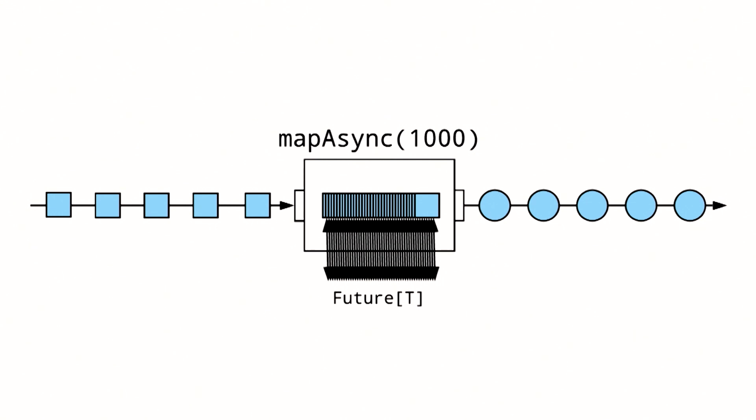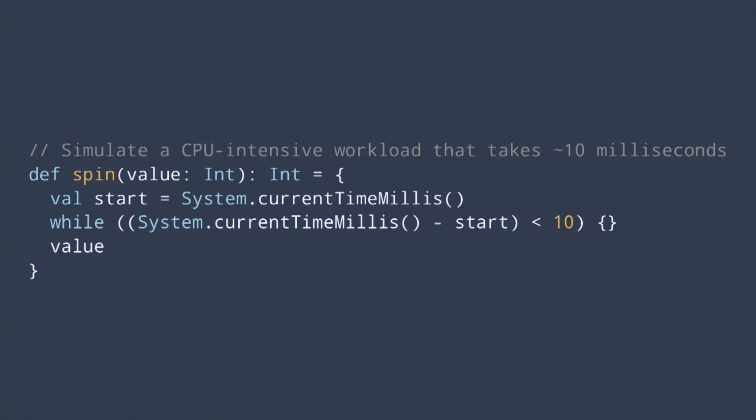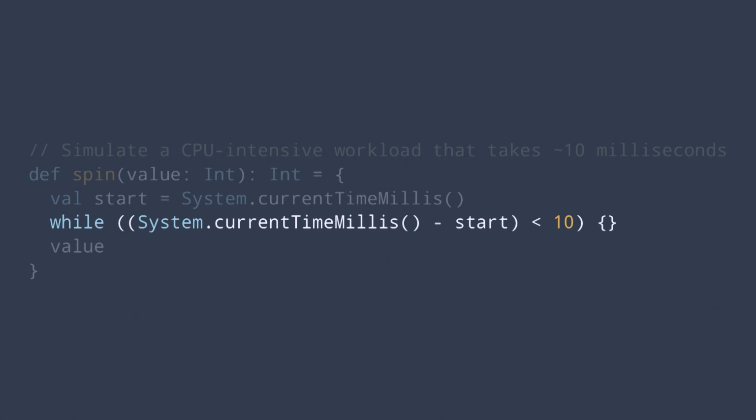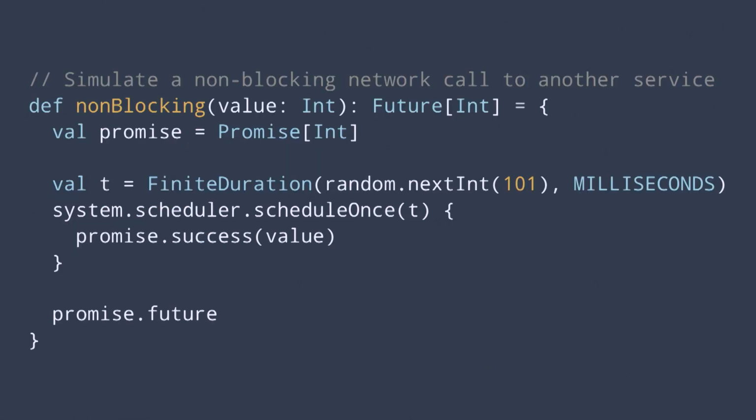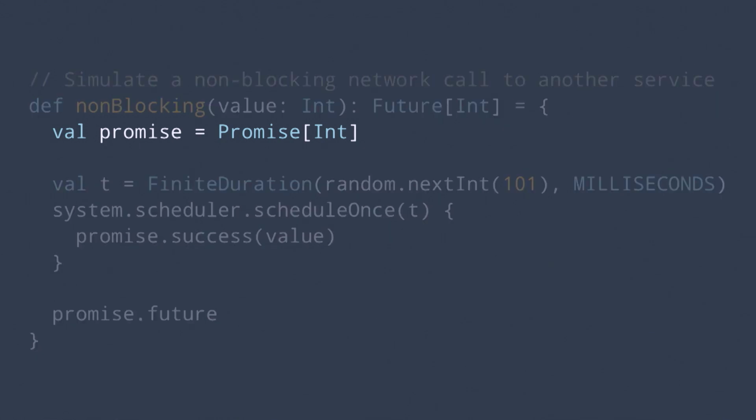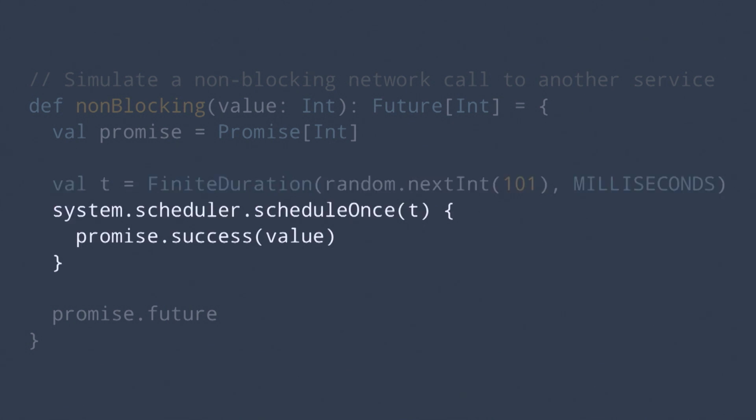So far I've looked at this CPU-bound workload. But consider this non-blocking workload that would simulate, say, a call to a web service or a database, something like that. And that's non-blocking. So it creates a promise, creates a random number of milliseconds between 0 and 100, schedules the promise to complete at the end of the timeout, and then just passes the value through again through the future.